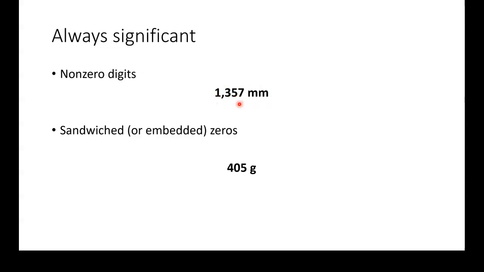So there's 4 significant digits in this number. If you have a 0 and it is between non-zero digits, then those are also significant. In this case, we have a 4 and a 5, so that 0 becomes significant as well. And so this would be 3 sig figs.